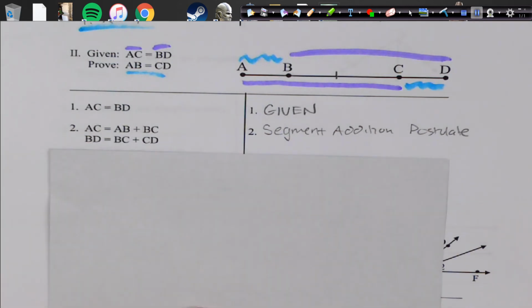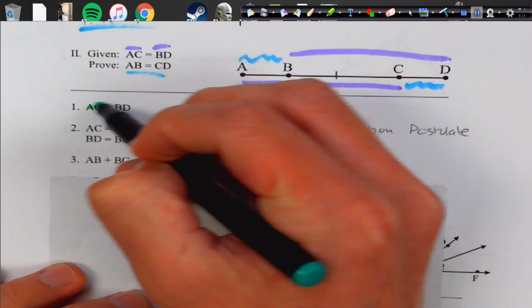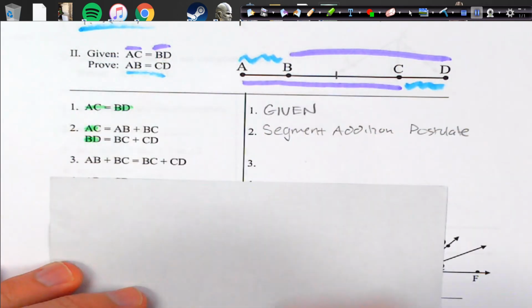Oh, I didn't even see that BD was there as well. Alright, moving down. Let's make sure we get all the way. Now it says AB plus BC is equal to BC plus BD. Okay, so how did I do that? Well, you see how we said that these two are equal to each other? And then I said AC equals this and BD equals that?